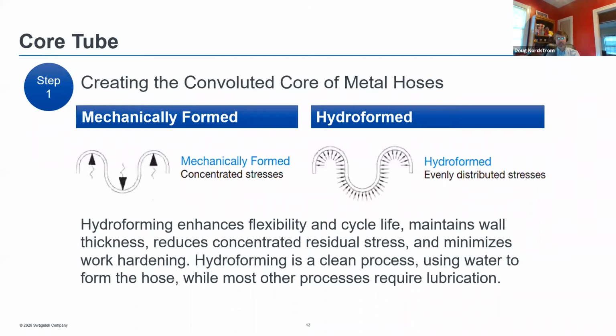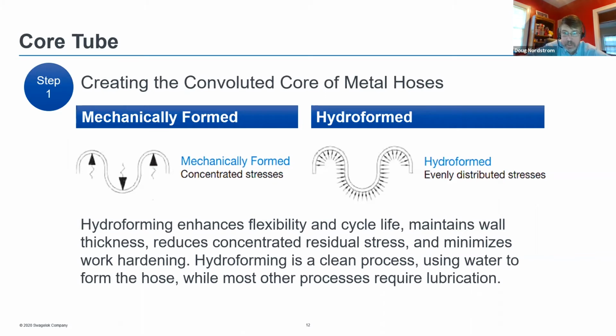The way a hydroformed hose works is we pressurize the inside of the core tube, and on the outside there's a form in the shape of the convolutes, and the metal stretches and forms into the convolute shape. The advantage of this is it eliminates any twisting in the core, so there's no torsion stress, and it greatly reduces the amount of work hardening.